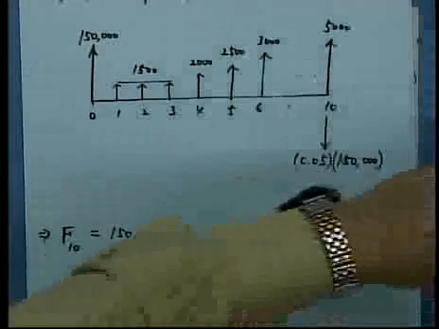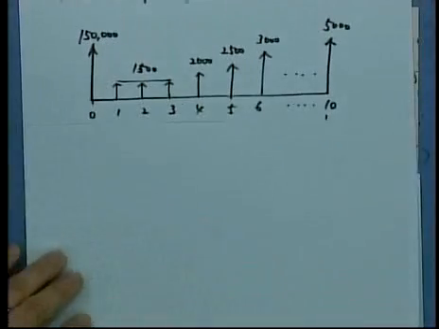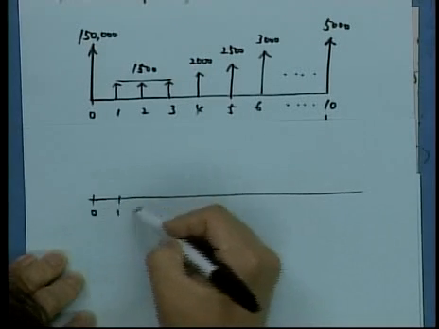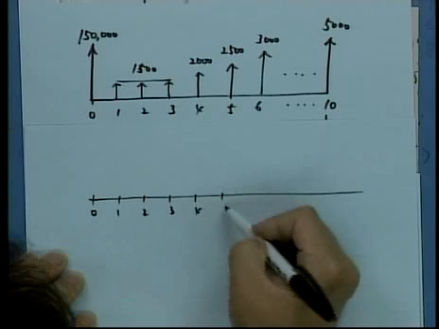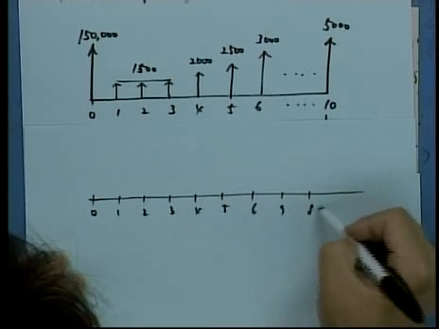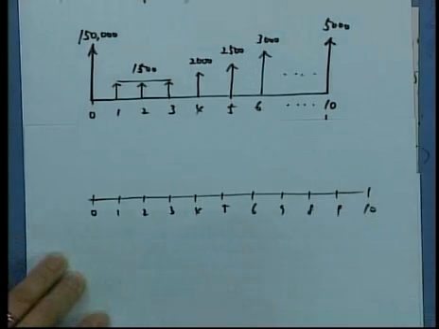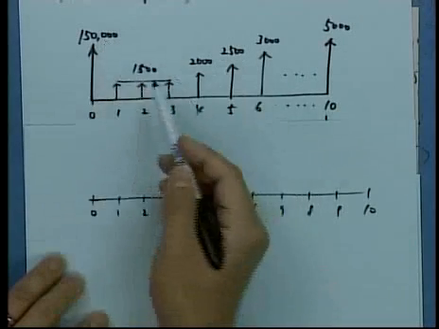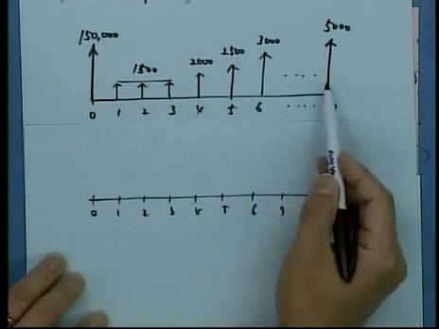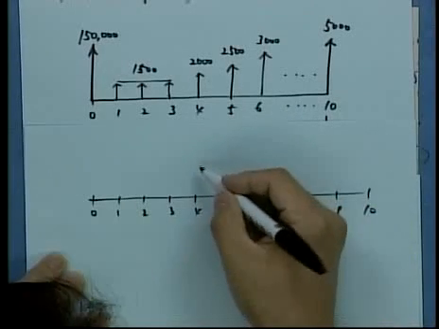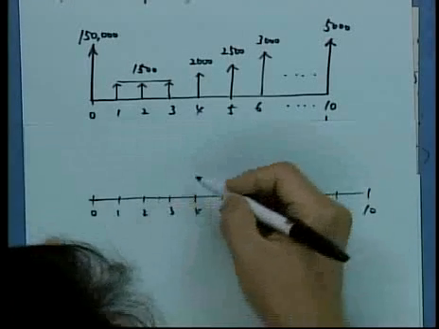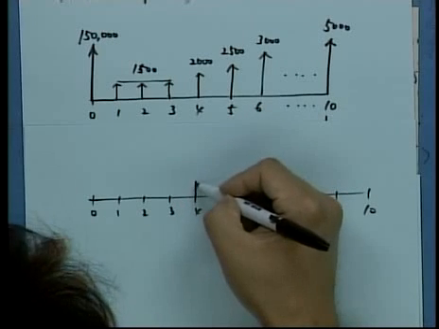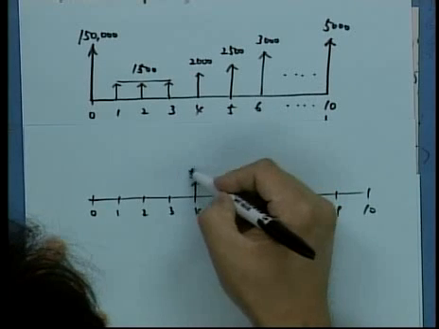Sorry, let me redraw the diagram. After you take out 150,000 and 1,500 over the next 10 periods, I'm sorry, at the end of period 4, we have 500.